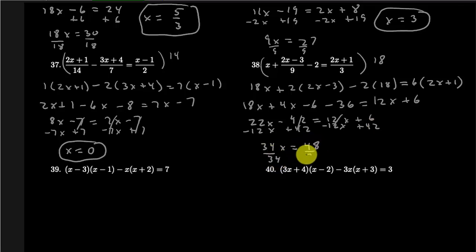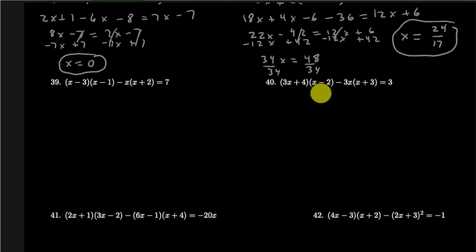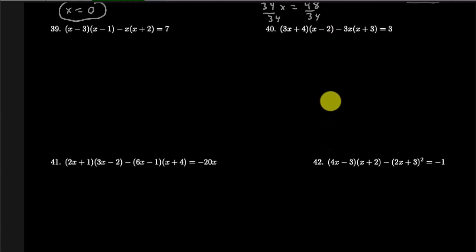Divide both sides by 34. And so we're going to get x is equal to, so if we do 48 over 34, that fraction is going to reduce to 24 over 17. All right, so I double checked that one too, so looks like everything's good.